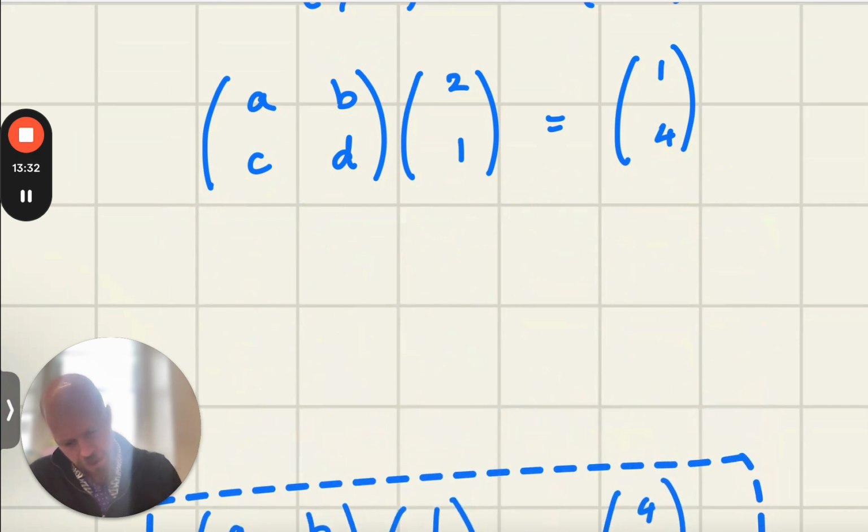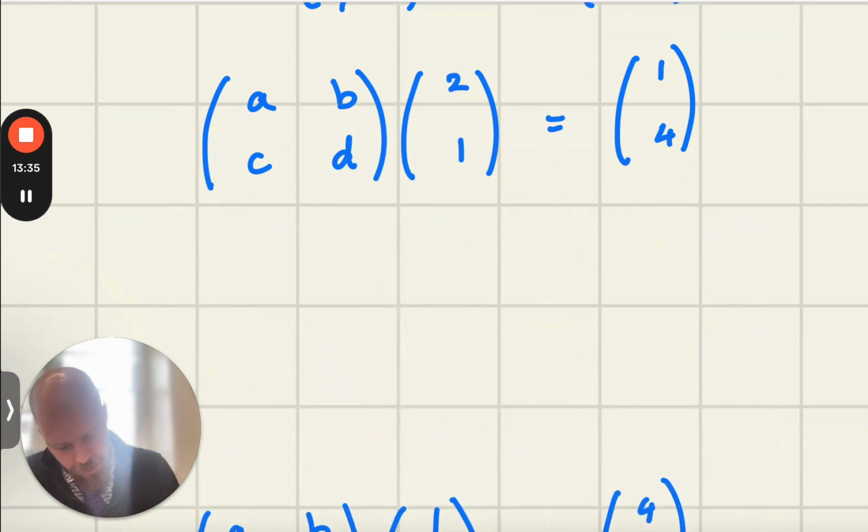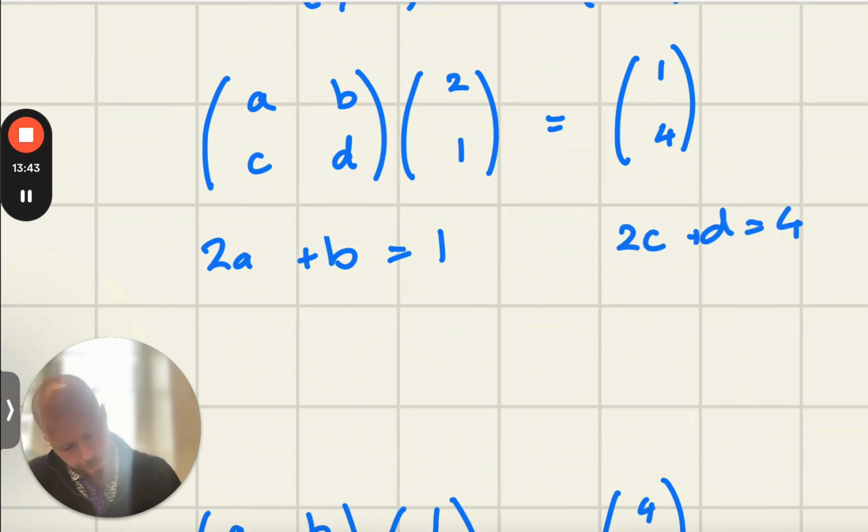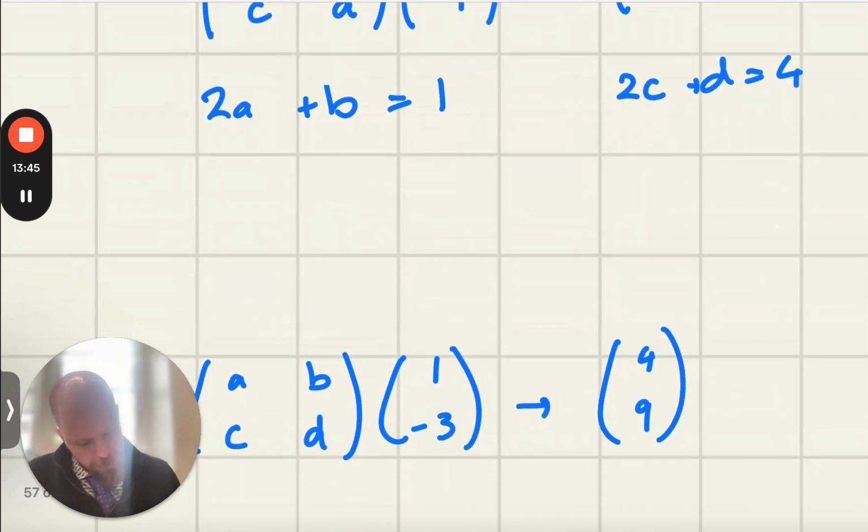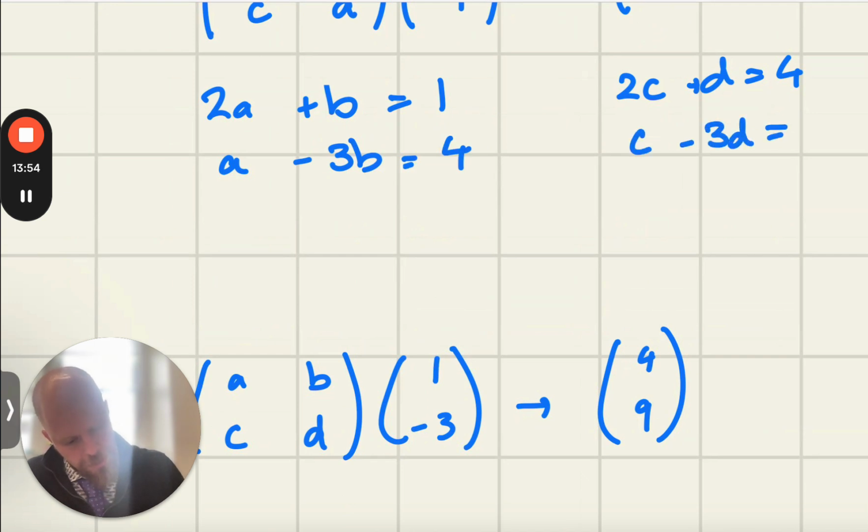So let's take the first one. Let's multiply it out. I get 2a plus b equals 1, and I'll get 2c plus d equals 4. From the one below, if I multiply it out, I'll get a minus 3b equals 4, and I'll get c minus 3d equals 9.